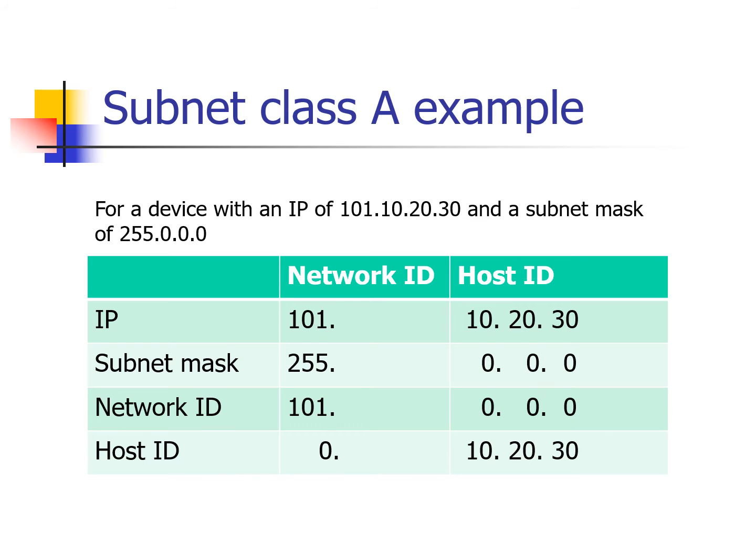Then the part on the left of that line, the first number in this case, defines the network ID, so we fill in the rest with 0, so the network ID would be 101.0.0.0. The host ID is the next three numbers, which is 10.20.30, but of course we have to put a 0 to fill in the gap because we always need 4 numbers. So our network ID in this case is 101.0.0.0, and our host ID is 0.10.20.30.